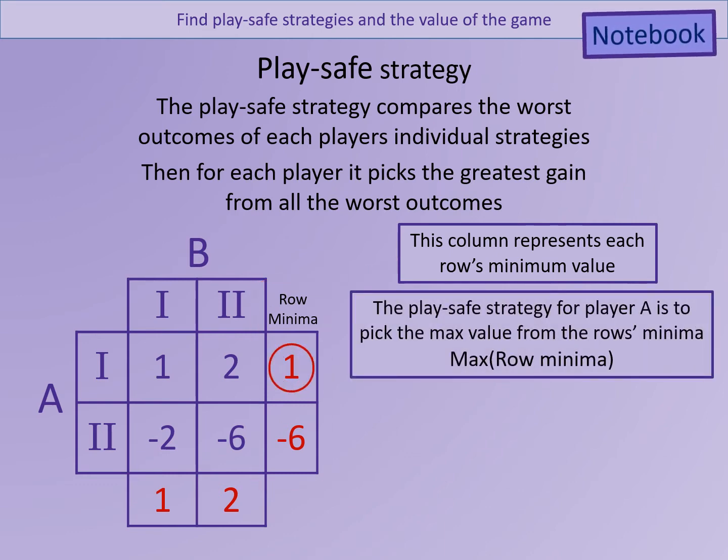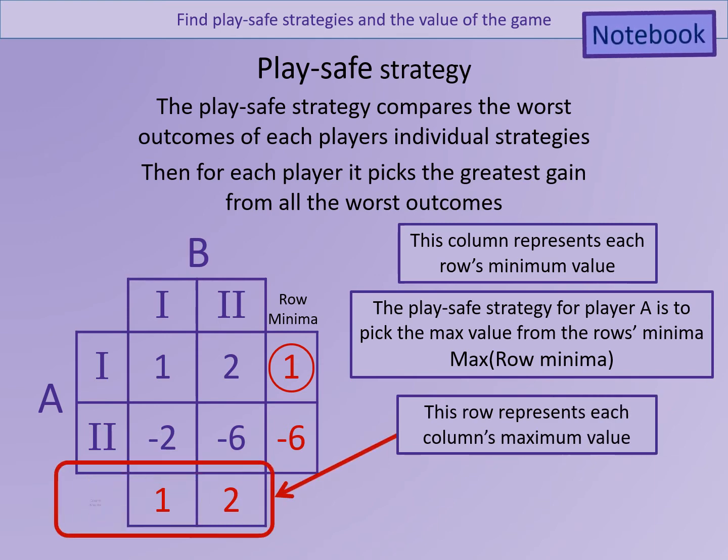In this case, the largest of the 2 numbers, 1 and -6, is 1. So this is sometimes known as the max of the row minima, or max row min. This is saying consider the worst case scenarios for player A and then choose the best out of the worst case scenarios.